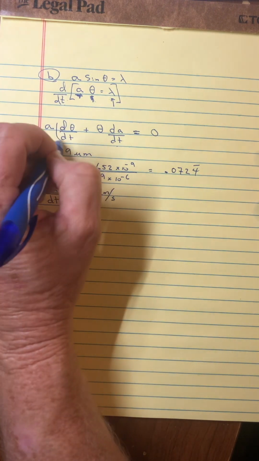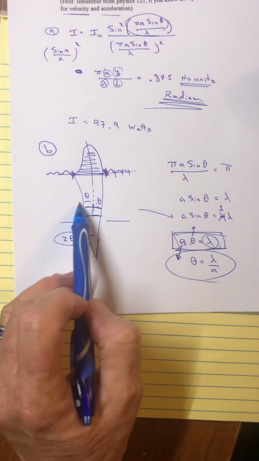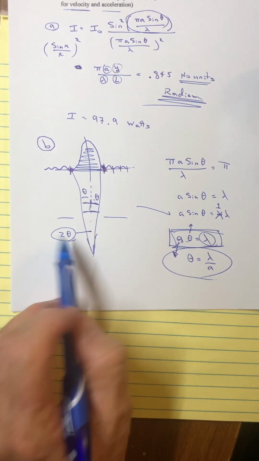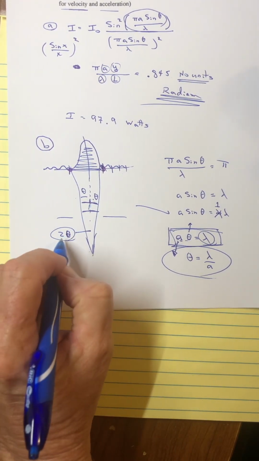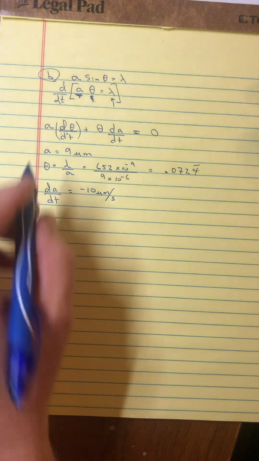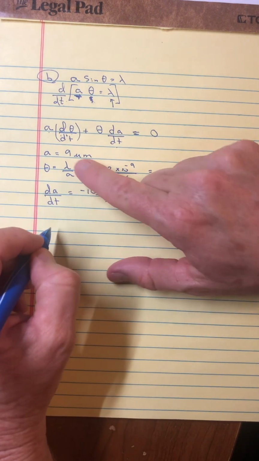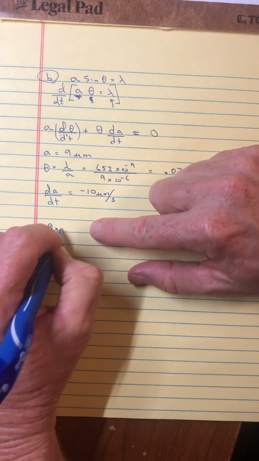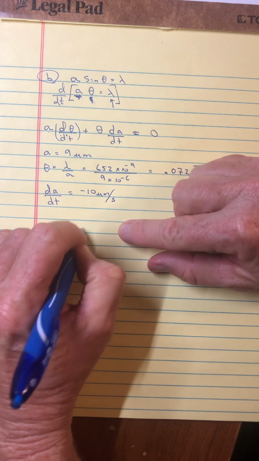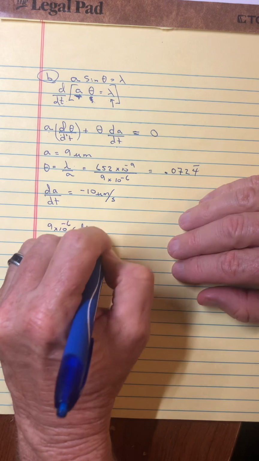And then, of course, the thing we don't know is exactly what we're looking for, the rate at which this thing spreads out. Although we're going to have to double it because the spread angle is times 2, but at least we're going to find the d theta/dt, okay? So putting all this together, this would be the a, 9 times 10 to the minus 6. And then here is the d theta/dt I'd like to solve for.